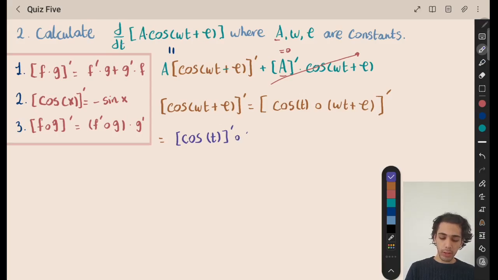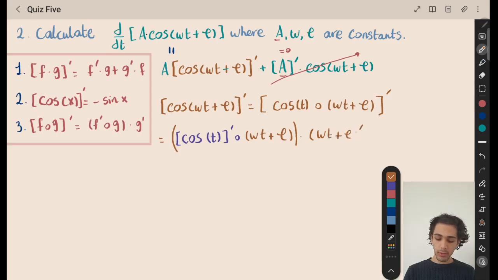So we compose it with omega t plus phi, and then we multiply this whole thing by the derivative of the inside function, so the derivative of omega t plus phi.